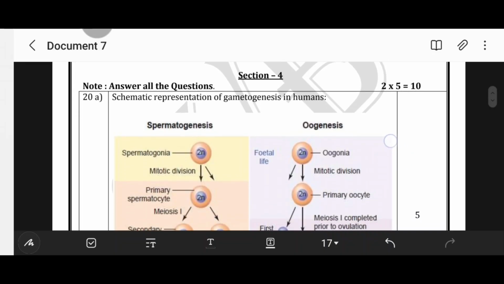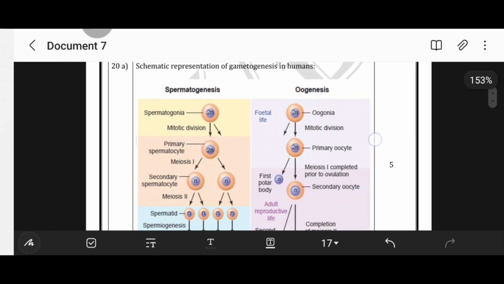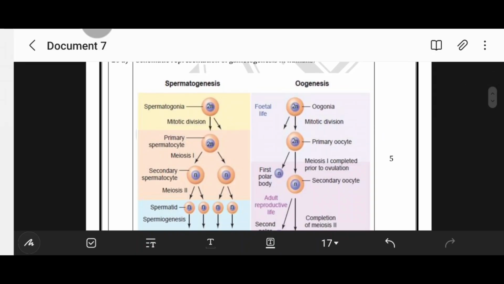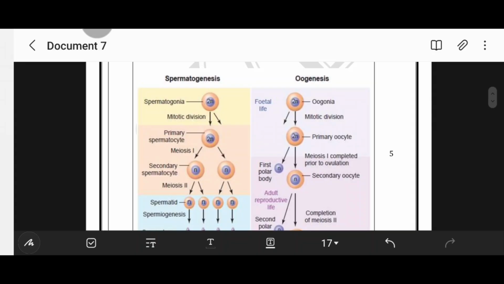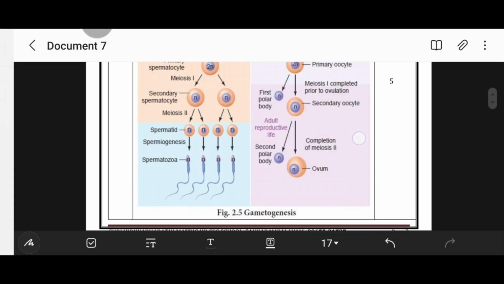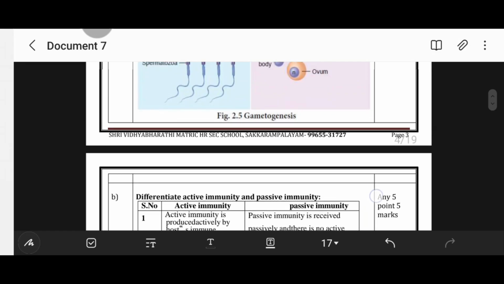So we have to write the two charts without any mistakes. We allot 5 marks: spermatogenesis 2.5 marks, oogenesis 2.5 marks. The chart must be clear.